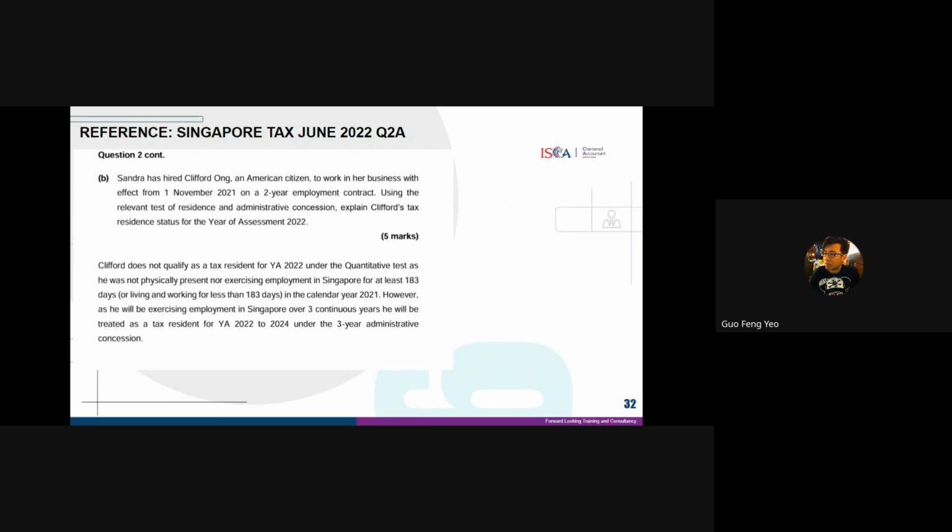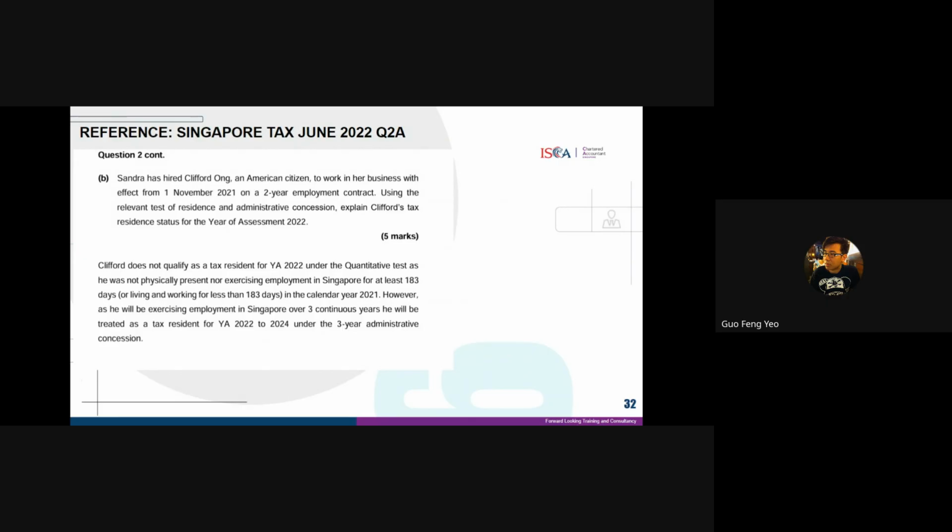How do we come up with the fact that it's going to be 3 continuous years when he's on the 2-year employment contract? So this is where I say you need to draw a timeline and it's straddled across 3 years. Given that he will start his employment on 1st November 2021 for 2 years, his employment contract should end 30th October 2023.